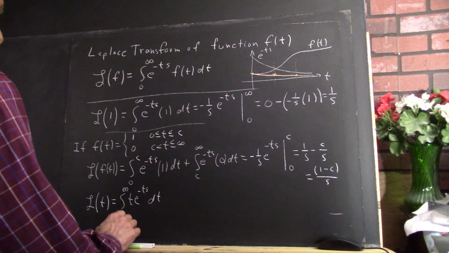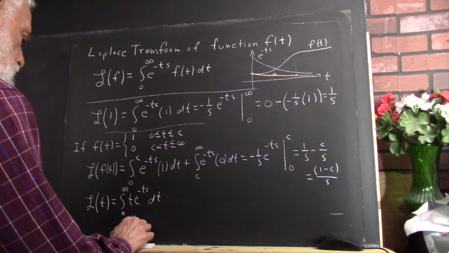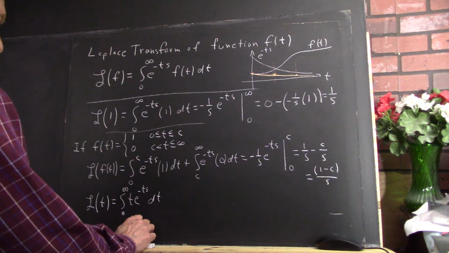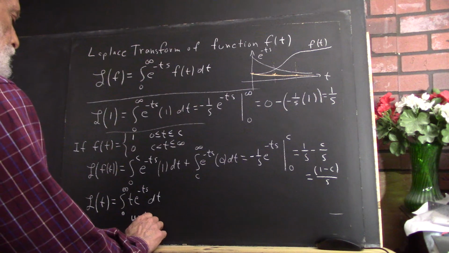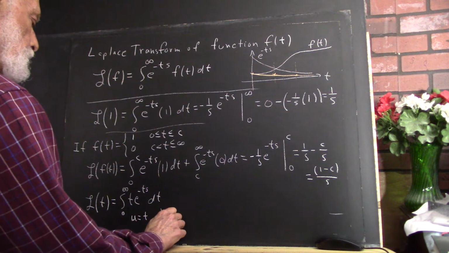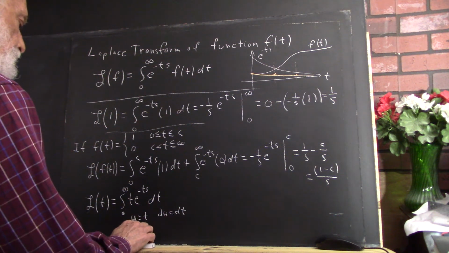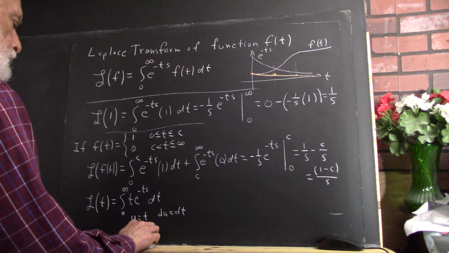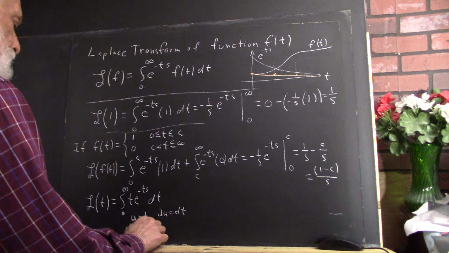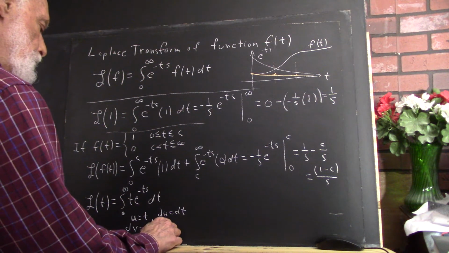So what we're going to do is let u equal t, so du equals dt, and let dv equal e to the negative ts dt.